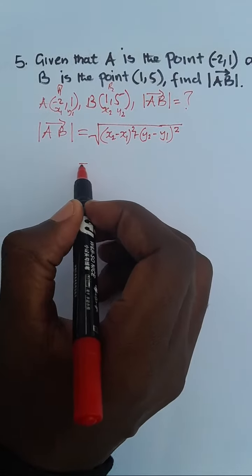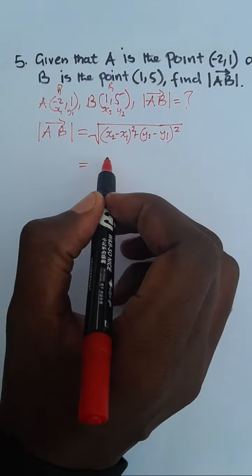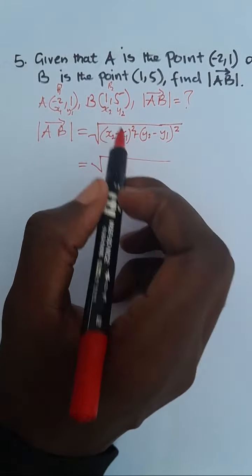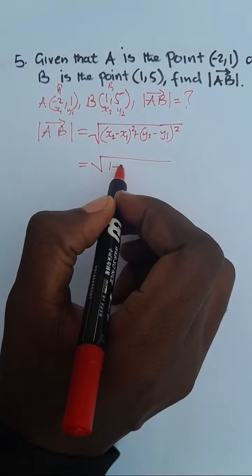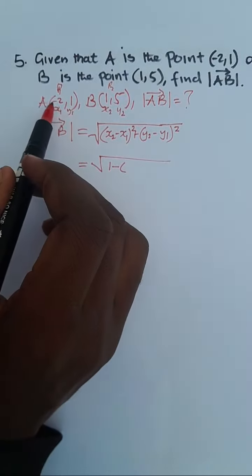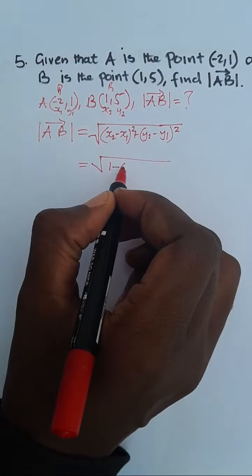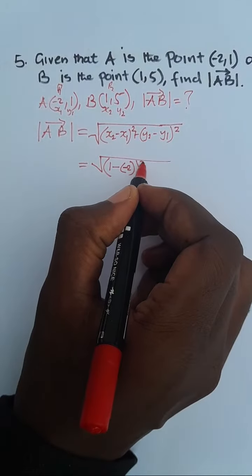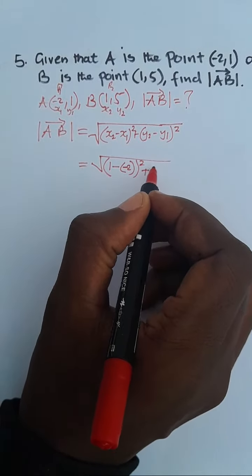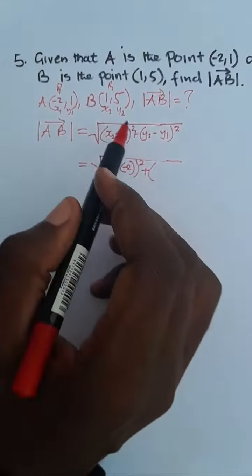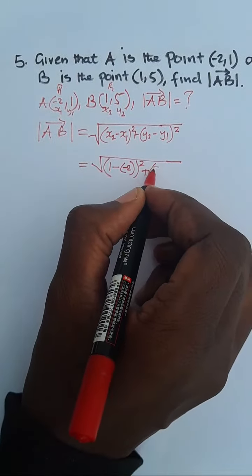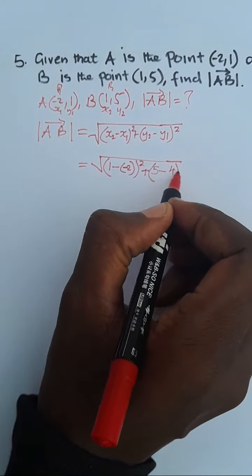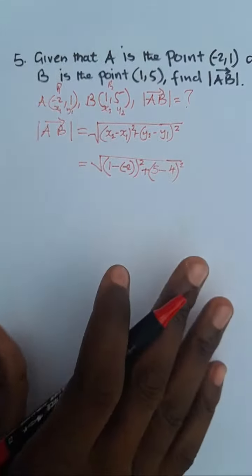So x2 is 1, so we're going to have 1 minus x1, which is negative 2. Put it in brackets like this to avoid mistakes, and everything is squared, plus y2 is 5, so we have 5 minus y1, then squared.